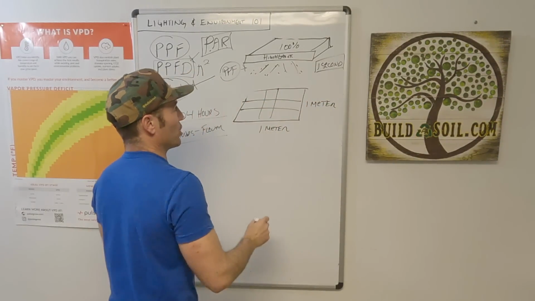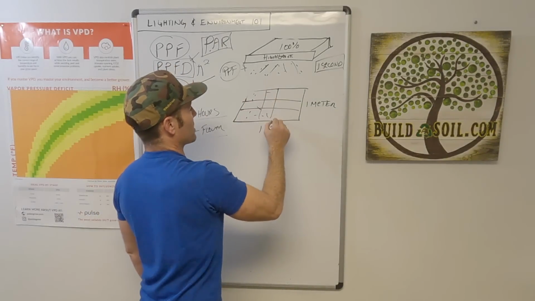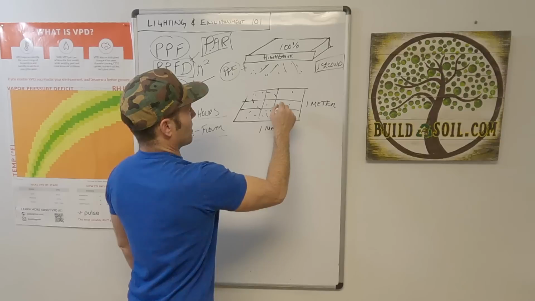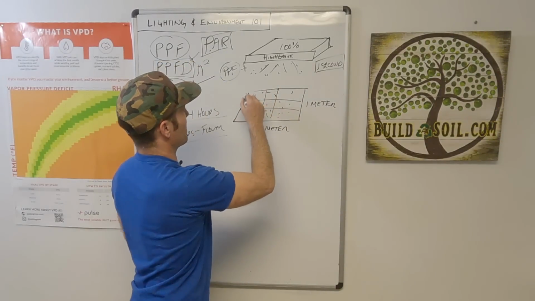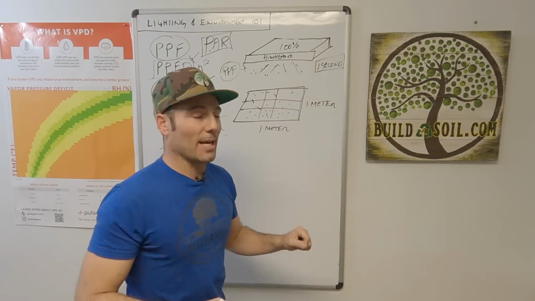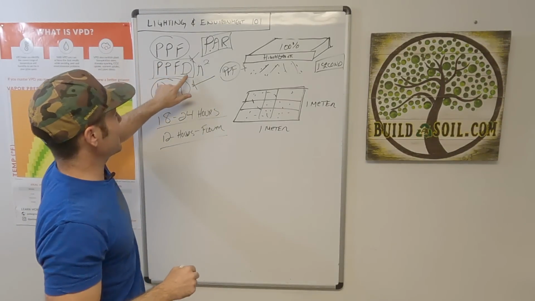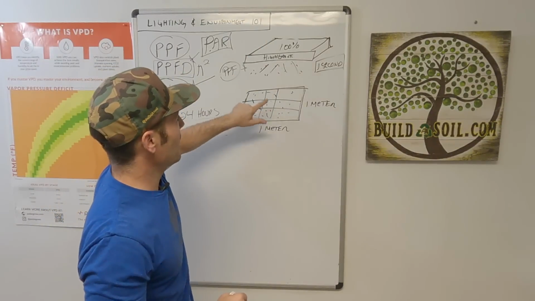And you could go on a grid and you could measure how many photons are hitting all over this different area as the light's going, okay? And then when you add up how many photons hit this 1 meter area, now we're talking PPFD, and that's photosynthetic photon flux density.